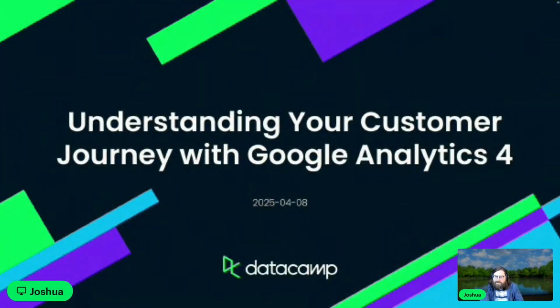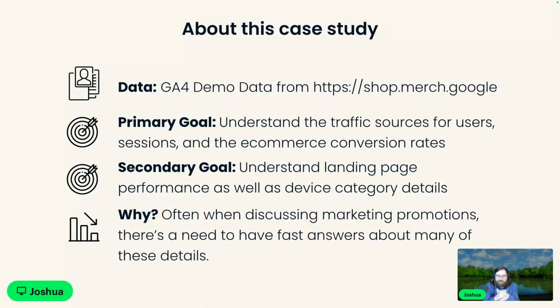Thank you. So yeah, we've got a lot of good stuff today. I'll try to be as brief as possible with the slides, but just to give you a little bit of background, we're going to use some GA4 demo data from shop.merch.google. Our primary goal is to understand various traffic sources for users, sessions, and the e-commerce conversion rates.